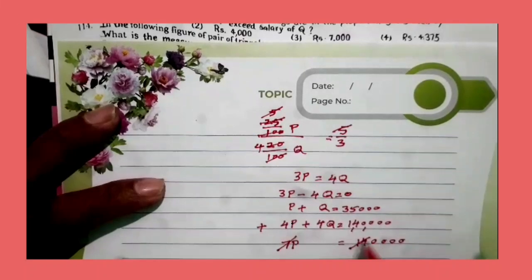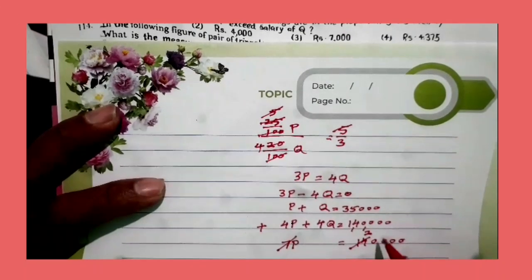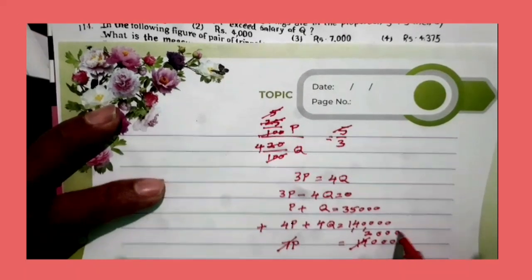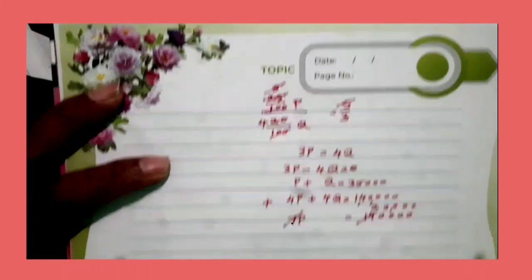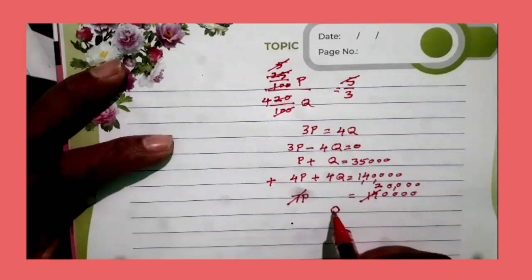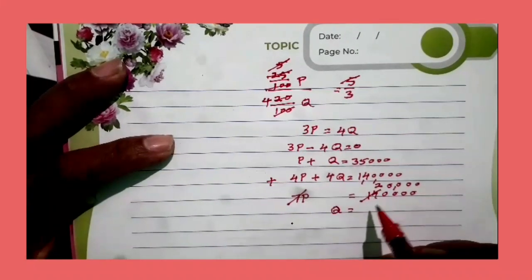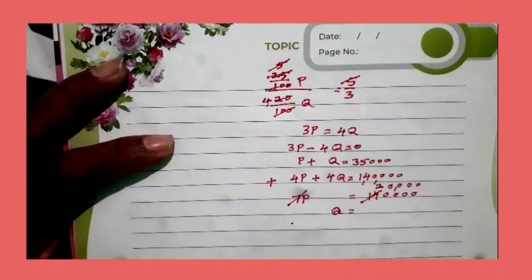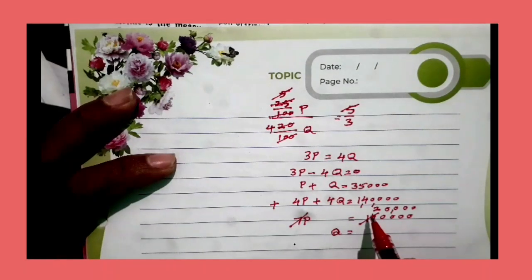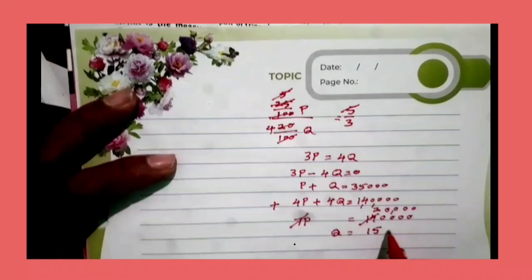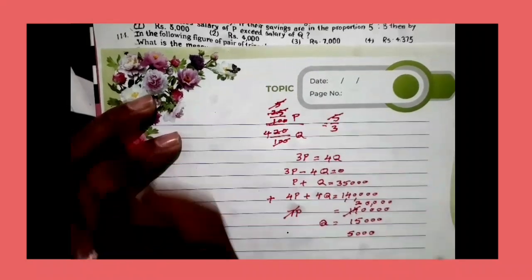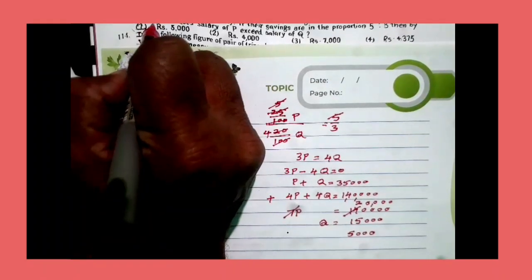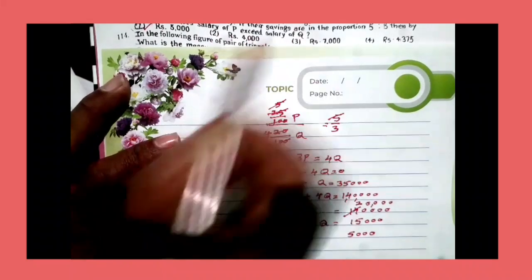P's salary is 20,000 and Q's salary is 35,000 minus 20,000, that is 15,000. That is 5,000 more. Our answer is 5,000, P exceeds the salary of Q.